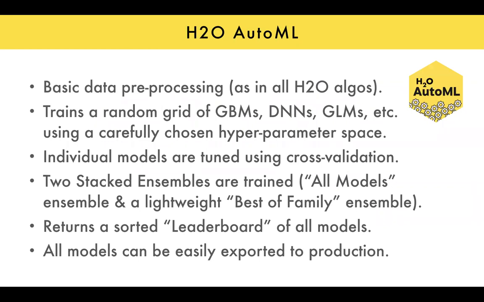Okay, so this is just a little overview of what I mentioned so far in H2O AutoML. We have the basic data pre-processing. We're training a random grid of a bunch of algorithms. Part of the contribution that we've made to AutoML is that we've consulted within H2O a lot of expert data scientists and come to an agreement about what we think is reasonable.